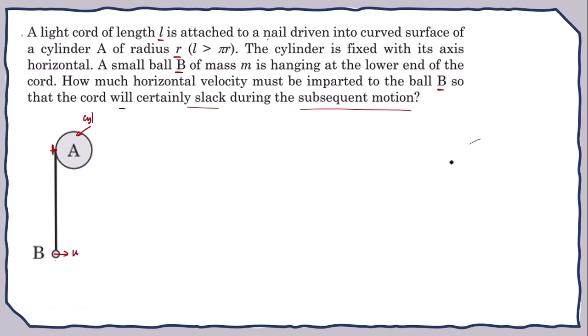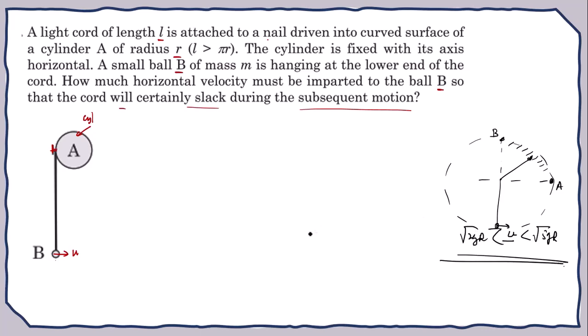For a vertical circle performed by a particle with a velocity u, if I project the particle with a velocity of root 2 gr, it goes up to point A. If I project it with a velocity of root 5 gr, it goes up to point B. Any velocity which lies in this region means the tension in the string will be 0. So u should be in between root 2 gr and root 5 gr. This is the range of u that we should know.